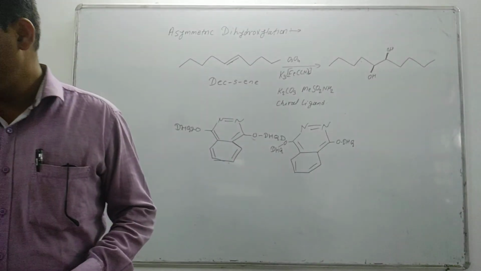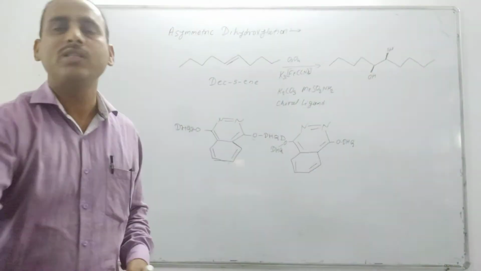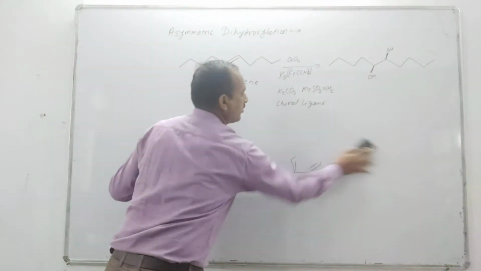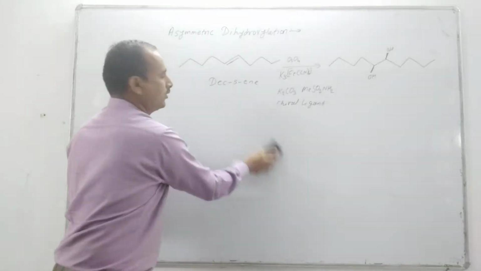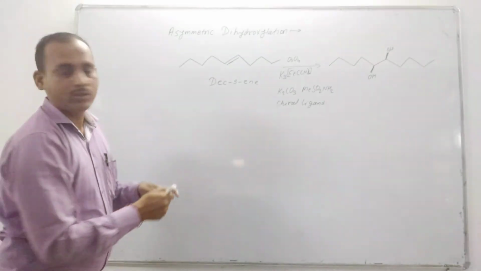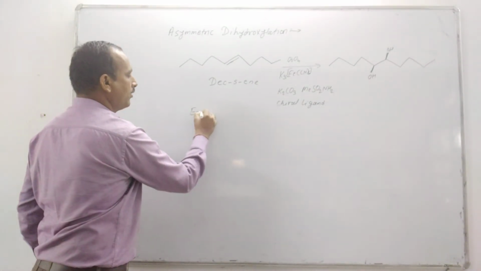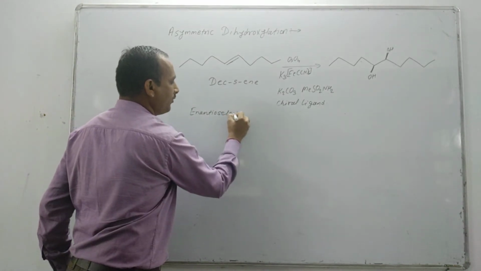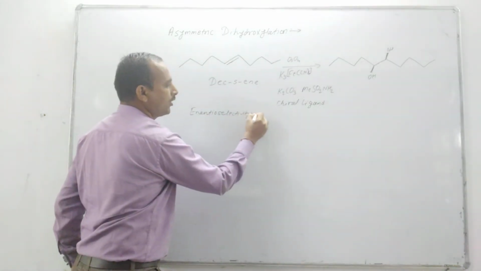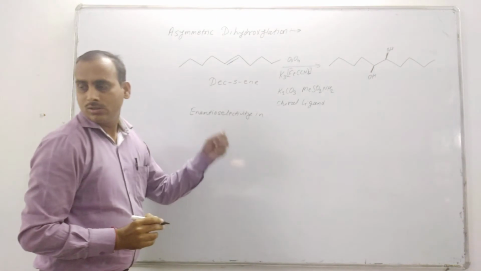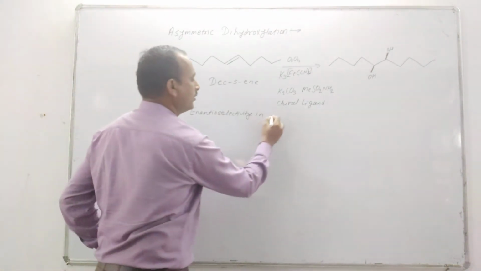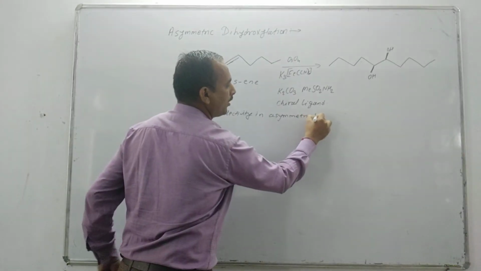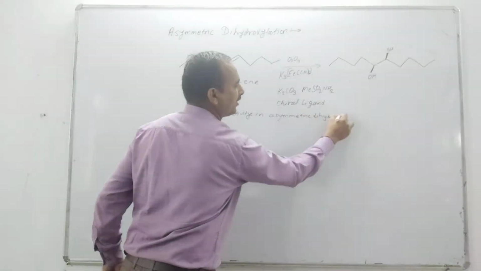Okay, let's see the enantiomer selectivity of this reaction. Enantiomer selectivity in asymmetric dihydroxylation.